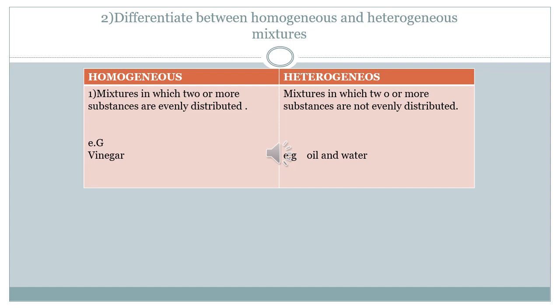Mixtures in which two or more substances are evenly distributed, that is homogeneous. Heterogeneous: mixtures in which two or more substances are not evenly distributed. Example, oil and water. For homogeneous, vinegar. Then we will write the third question.